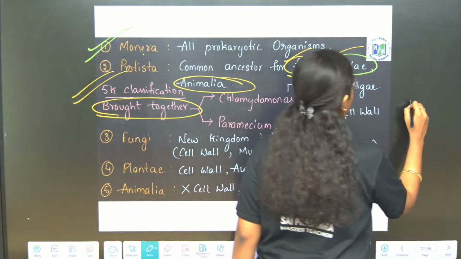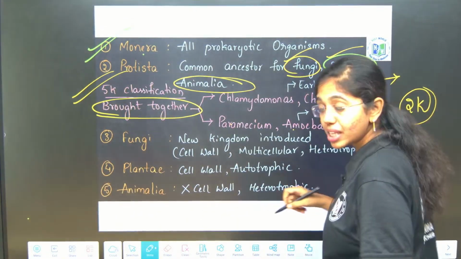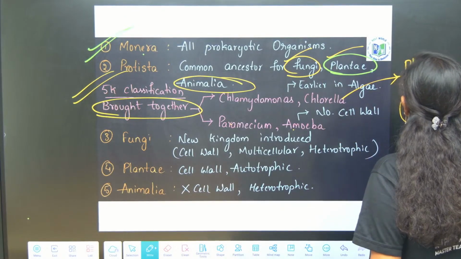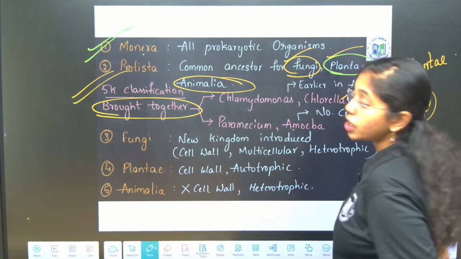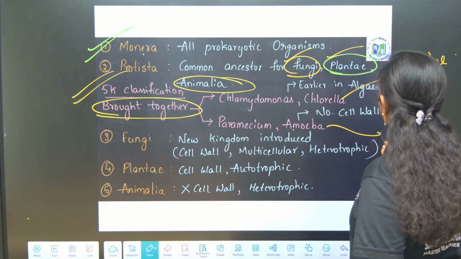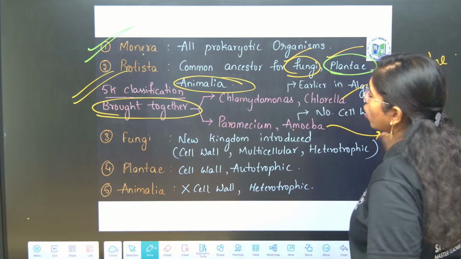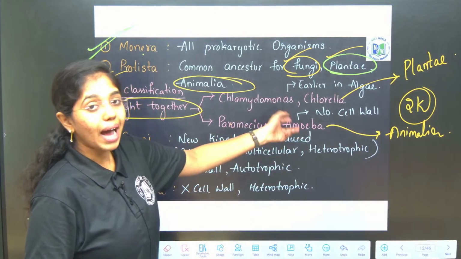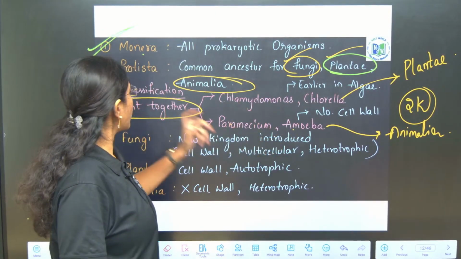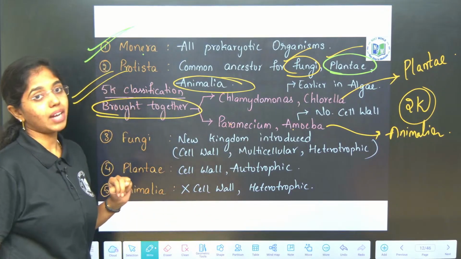In the 2 kingdom system, Chlamydomonas and Chlorella, as they possess a cell wall, were placed under Plantae. Paramecium and Amoeba, as they do not possess a cell wall, were placed under Animalia. Their mode of nutrition is also heterotrophic, but since both are unicellular, they are placed under Protista in the 5 kingdom system.